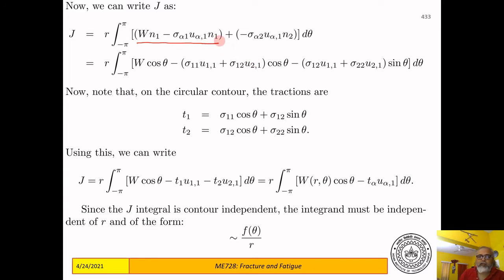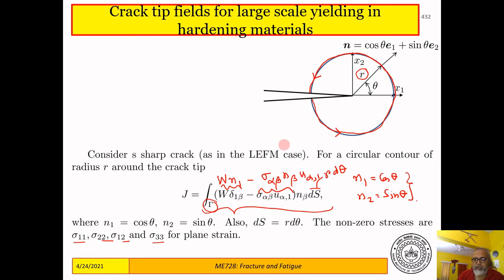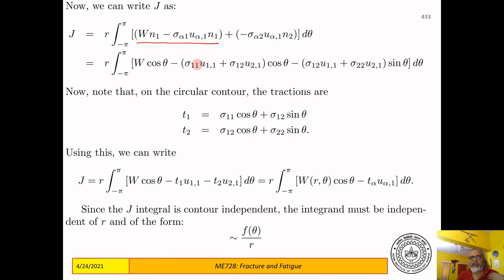And we have separated this into two terms. So here we have separated it into sigma alpha 1 n1 u alpha comma 1 plus sigma alpha 2 n2 u alpha comma 1. So we have separated this into two terms and written them separately.